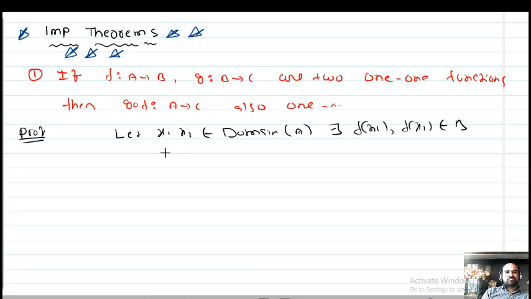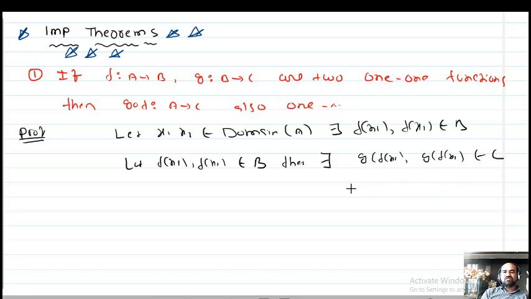Okay, leave it. Next I will write, let f of x1 comma f of x2 belong to B. Then there exist g of f of x1 comma g of f of x2 belonging to C. What is the reason? G is a function from B to C. Okay.